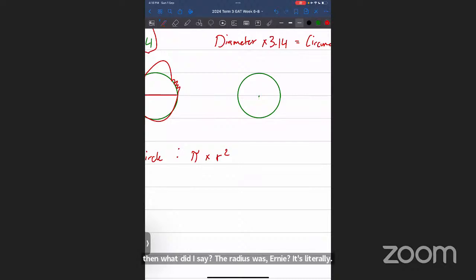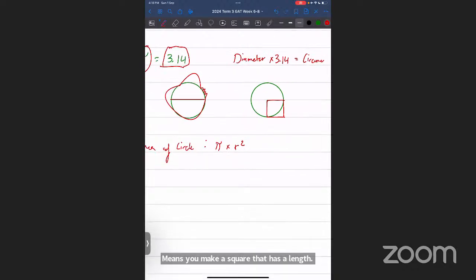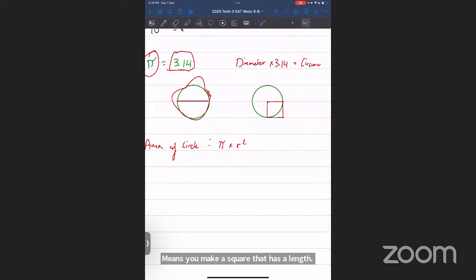Yeah. So a radius squared means you make a square that has a length and width of half of a circle. Do you understand? The radius here, radius here. Do you see that? Yeah. Do you get it? Yeah.